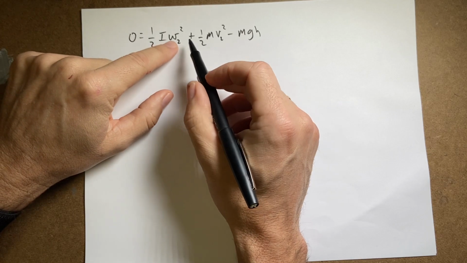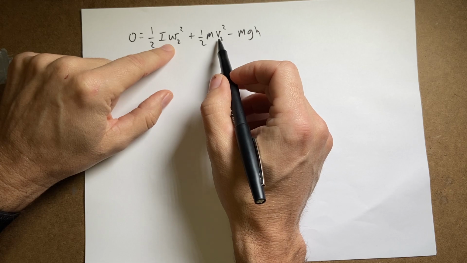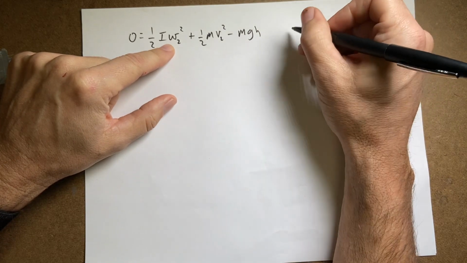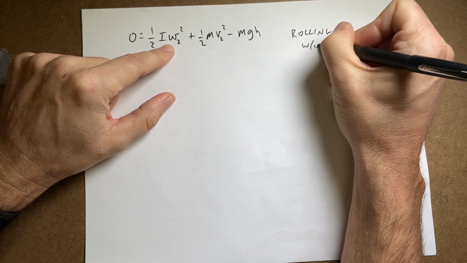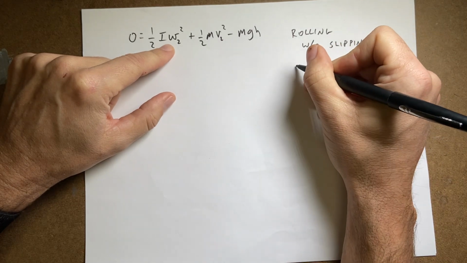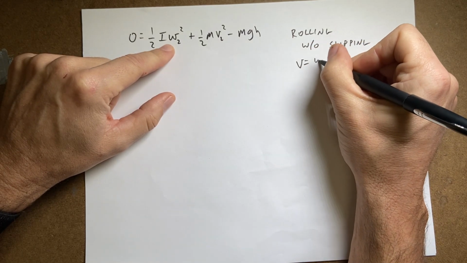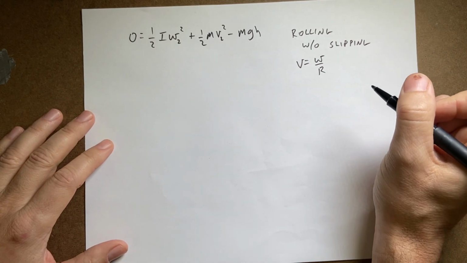But I have a problem here in that I have an angular velocity and a linear velocity. But if it is rolling without slipping, and this is important, rolling without slipping, then v equals omega times r. That has to be true if it's rolling without slipping.